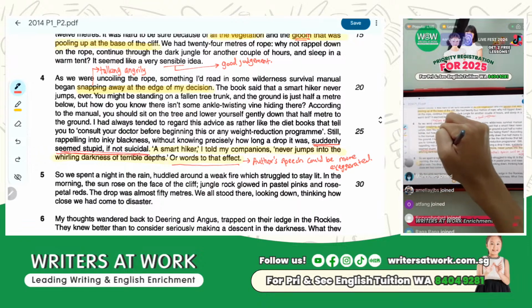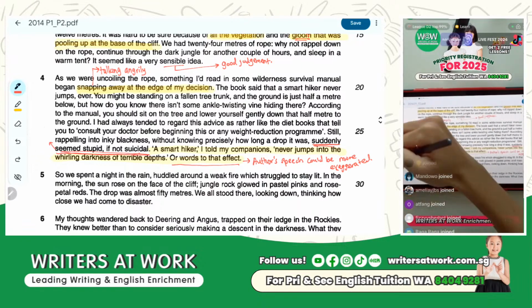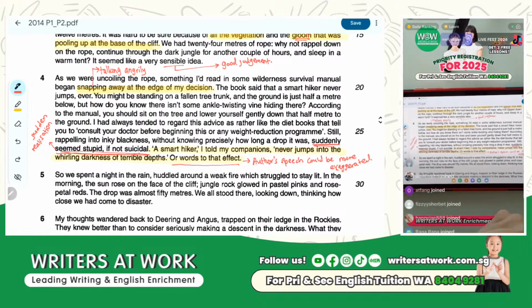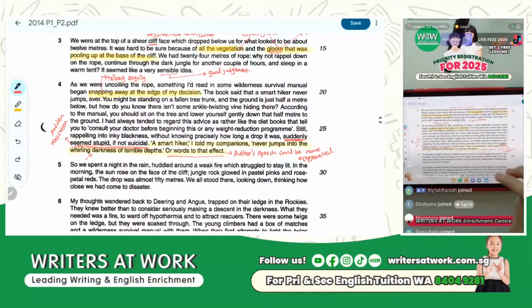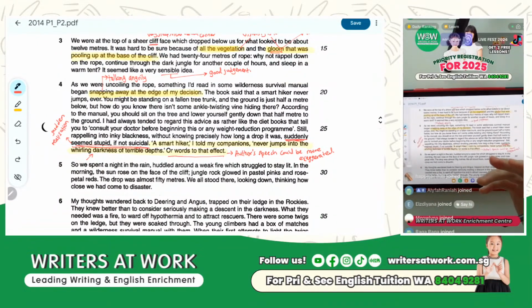So the author has a sudden realization. He realized, oh no, something is wrong, something is going to happen. That's why suddenly he said this speech, and probably it was more exaggerated. It was very, very emotional when he said that, right? Because he knew that such an action could not take place, or else they would be screwed.